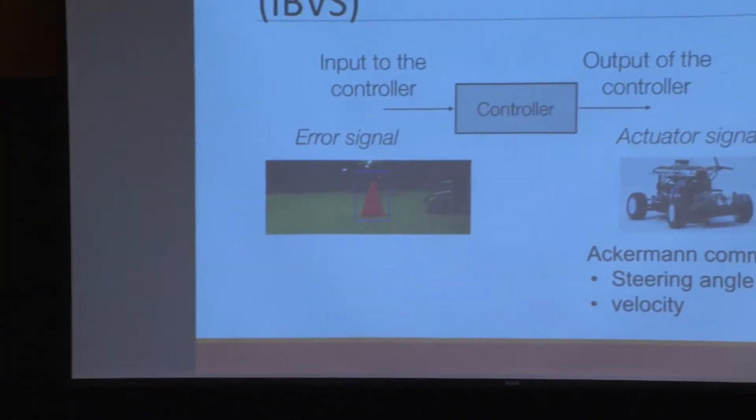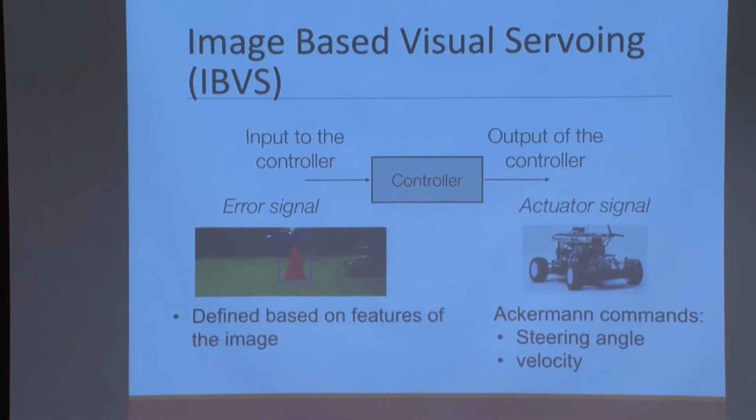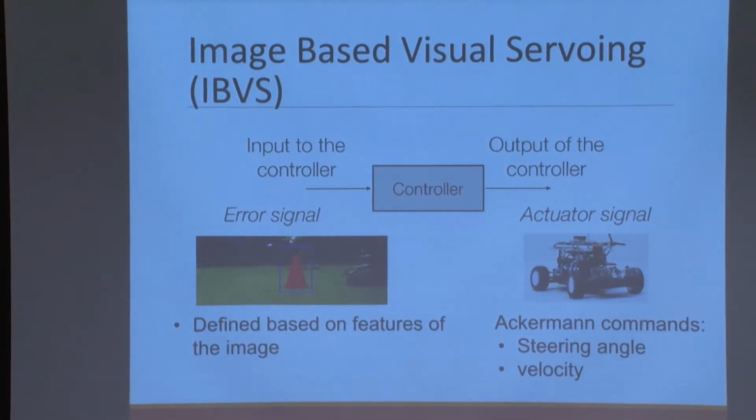But the error signal is going to be different than, say, the wall following thing we did last week. We are doing image-based visual servoing, so that means the error signal is going to be defined based on features of the image. And this is different from position-based visual servoing, which we're not going to get into, which does some sort of real state estimation, in terms of what are the actual physical units of the cone with respect to the car.